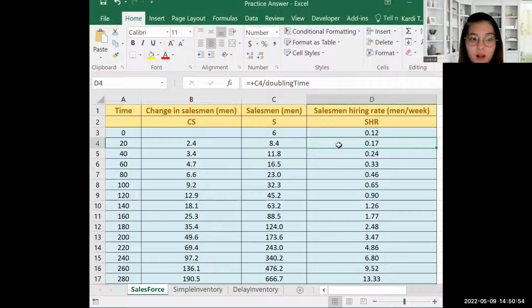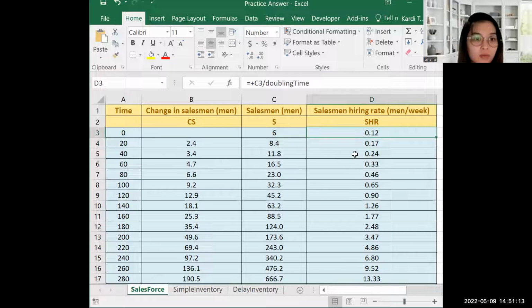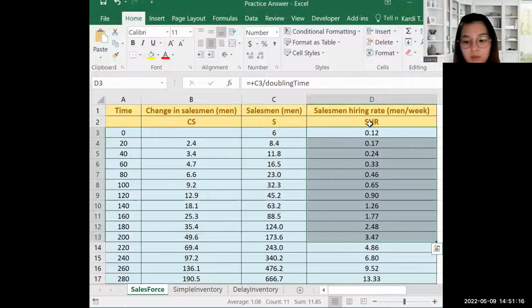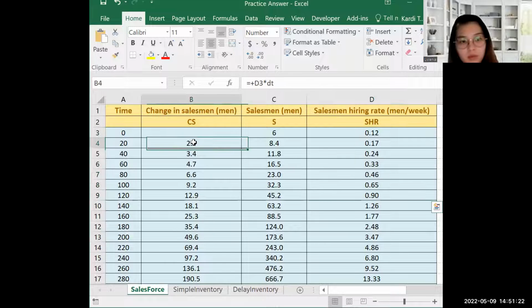And this is level. You see, level is just accumulation. Level is just the previous level plus the change. So the only thing that you are given is actually only this one, the equation of the salesman hiring rate, and then the rest must be exactly the same.